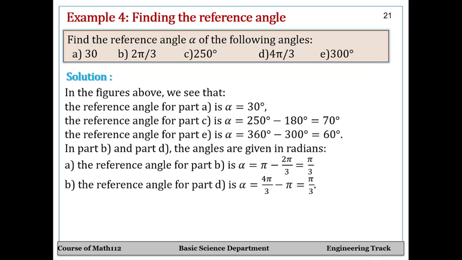Okay, we go one by one. Instead of using degrees, you can use pi directly for 180 degrees, or you can do this job in degrees and convert them to radians. It's okay.